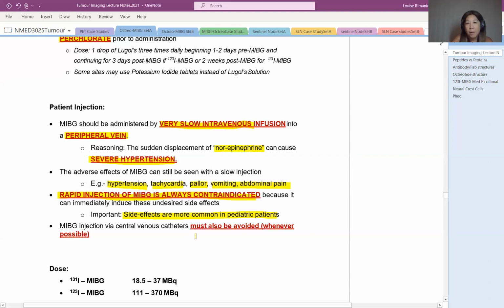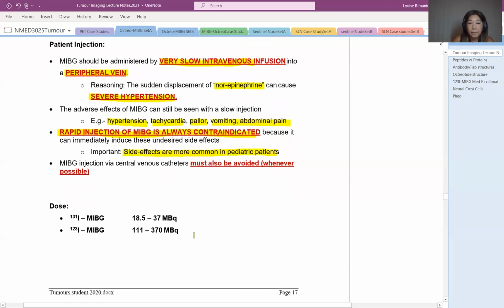But the other problem, as you know, when you're using these central venous lines, is sometimes there can be hang up in the lines or in the reservoirs, and if we're looking for uptake in the mediastinum, it can really interfere with our image quality. So you don't need to have a large gauge needle to give this injection. So usually we can find a peripheral vein without any problem.